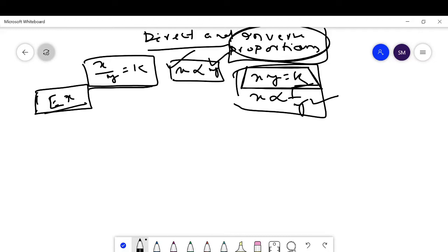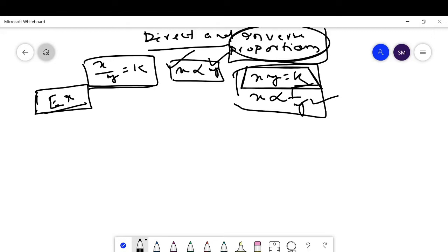Here the question says, Renu types 540 words during half an hour. How many words would she type in 8 minutes? Just understand the question. Renu types 540 words in half an hour, means in 30 minutes Renu types 540 words.